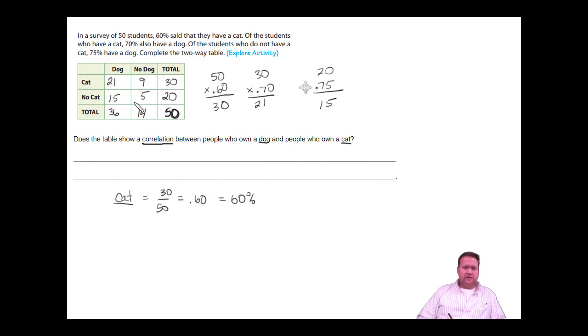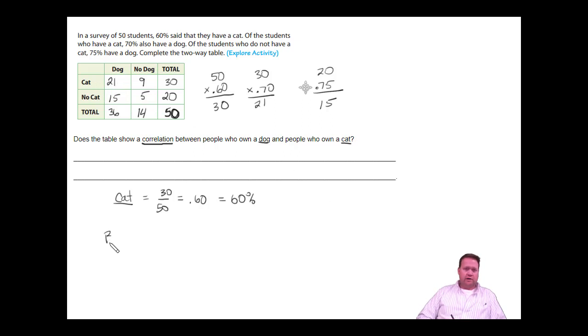So the last part of the question is we need to answer what percentage of our cat owners also own a dog. If we want to look at a correlation between owning a dog and owning a cat, well, 21 of the total students asked own both. 21 students own a dog and a cat.